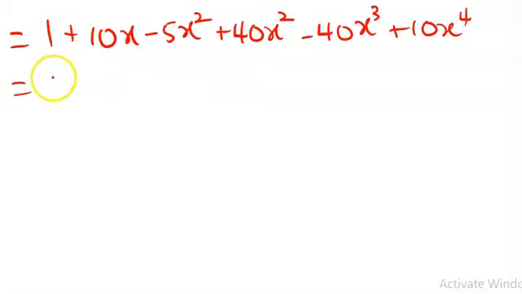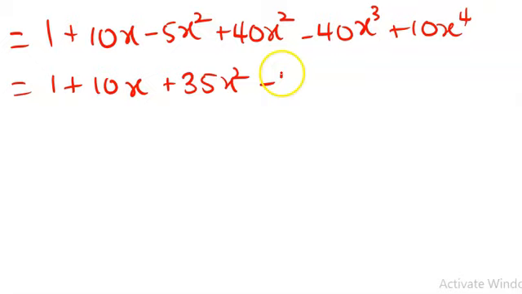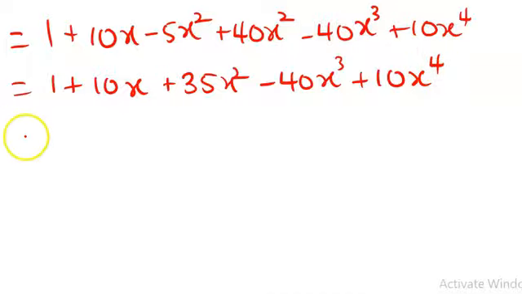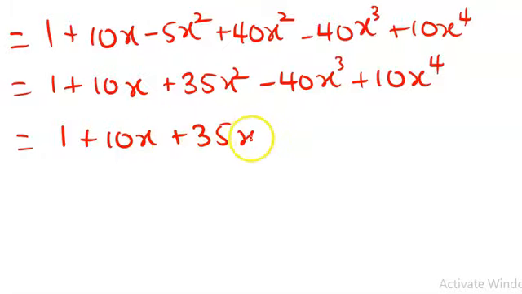So 1 plus 10x, and minus 5x squared plus 40x squared is 35x squared, minus 40x cubed plus 10x to the power 4. Now, the question said we have to expand up to a term in x squared. So the higher powers of x can be ignored, so that we have 1 plus 10x plus 35x squared.